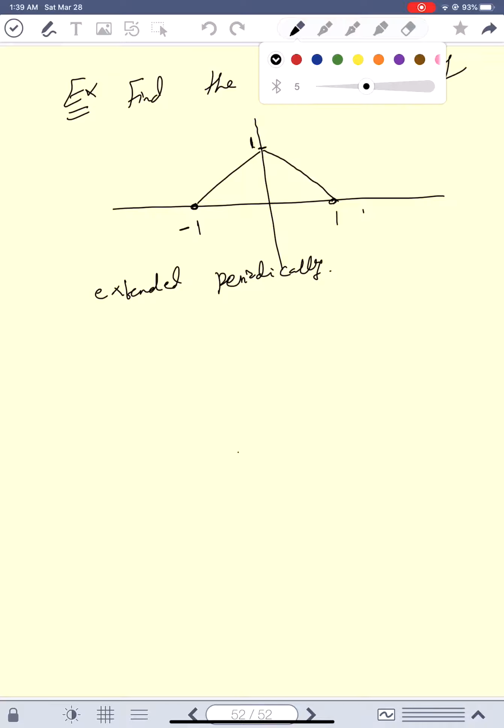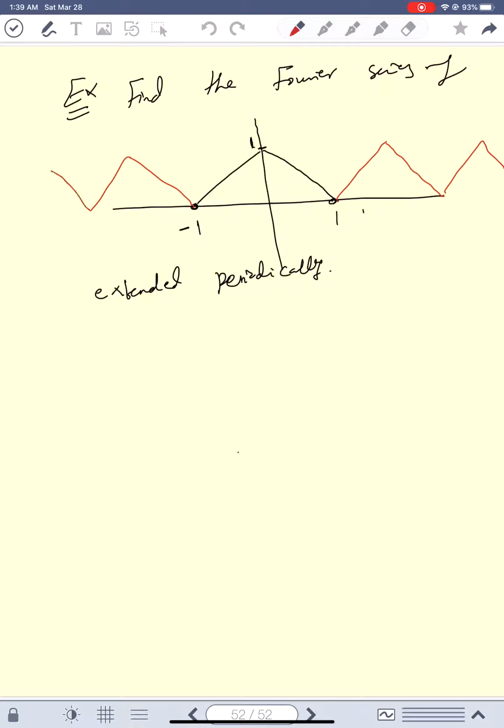So what do we mean by extended periodically? That means, okay, this is the basic block, but then copy and paste this block to get a periodic function. Now it's very clear that the equation of the left line is y equals x plus 1, and the right is y equals 1 minus x.